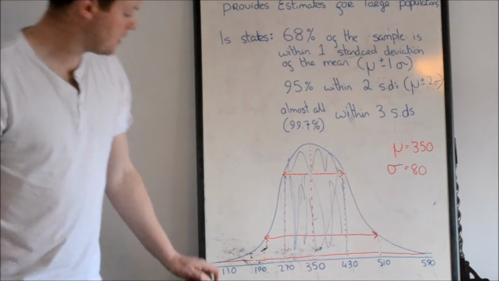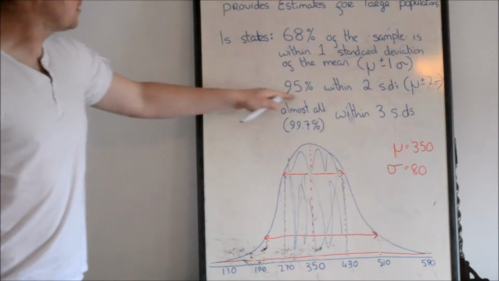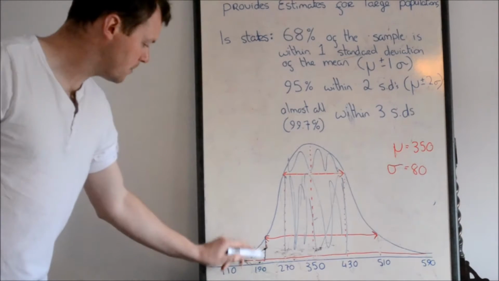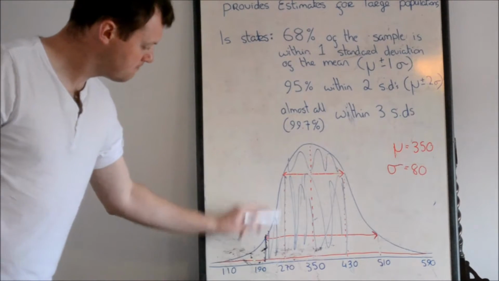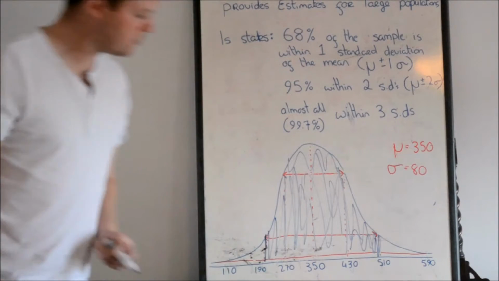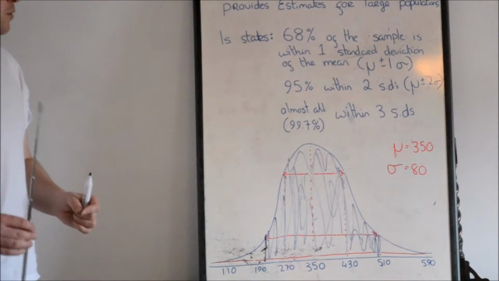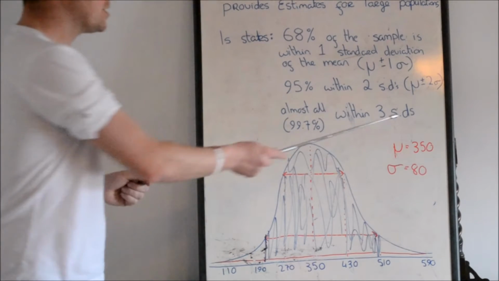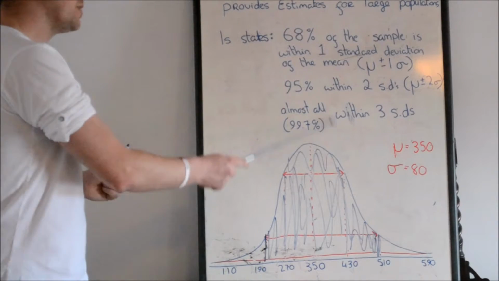And what that is telling us is 95% of the people in the CAO that did their leaving cert got between 190 and 510.